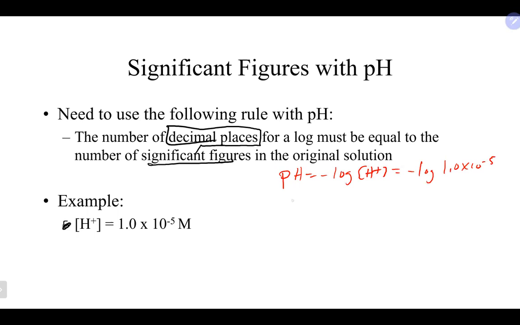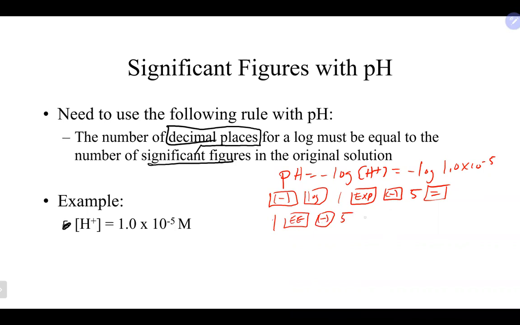If you have a display calculator, hit the negative button, the log button, 1, the exponent button, the negative button, and 5, and hit equals. If you have a non-display calculator, hit 1, the exponent button, the negative button, and 5, then hit the log button, and then the negative button. Whichever way you go, you should hopefully end up with a 5.